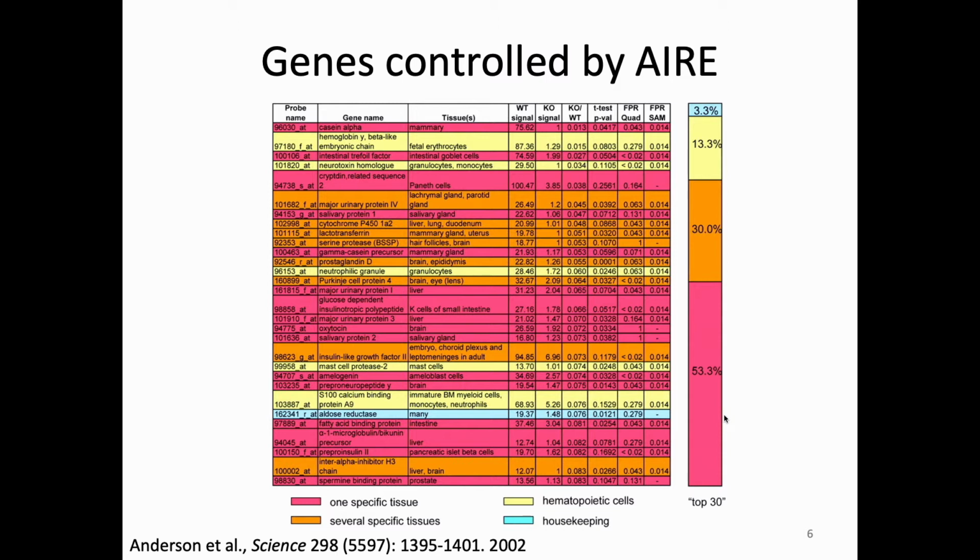It also makes things like insulin-like growth factors, cytochrome P450, other things that are known to be in just very separate special tissues. And so you can see all of these genes are controlled by AIRE. So many of these tissue-specific genes are controlled by AIRE.